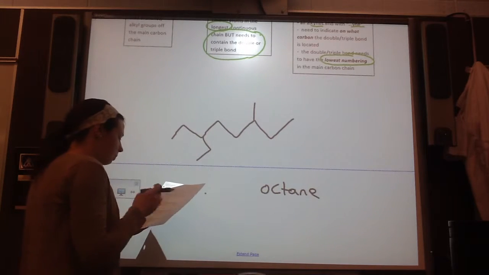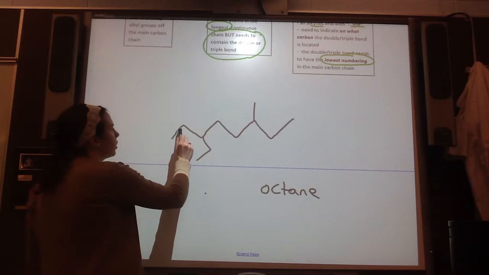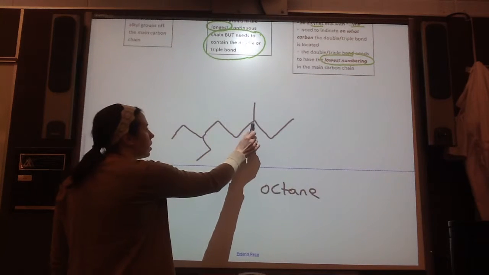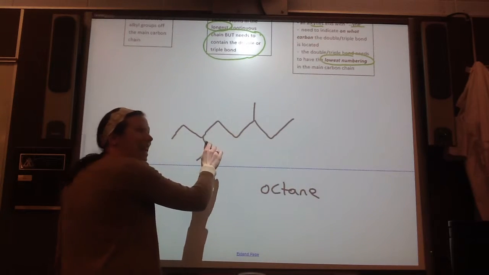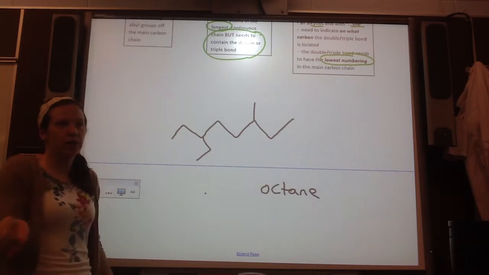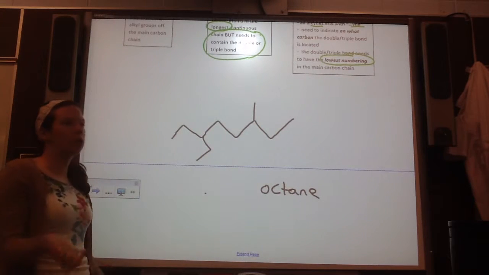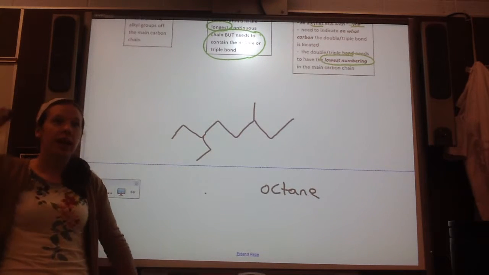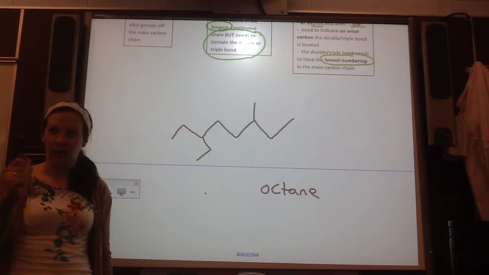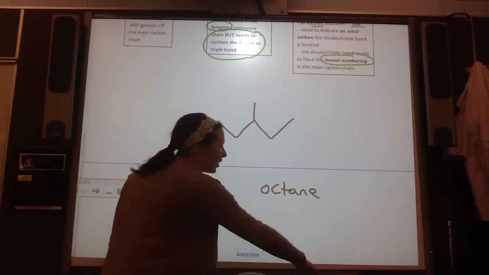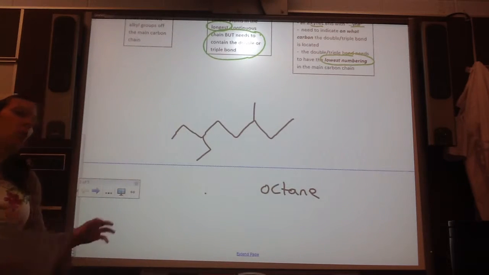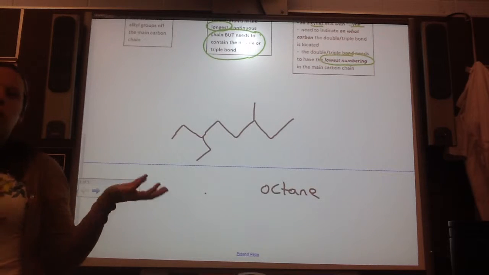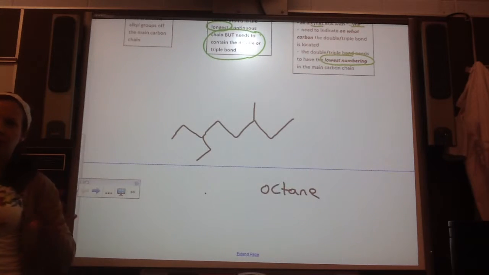Numbering from either end gives 3 or 6, so it was a tie. How do we choose which gets the 3 and which gets the 6? There is a rule. Which do we write alphabetically first, the ethyl or the methyl? The ethyl.